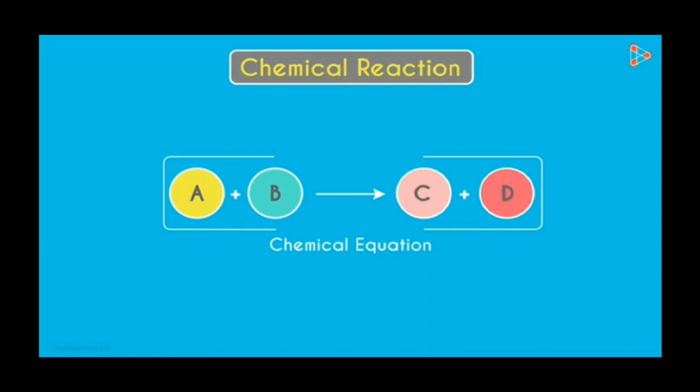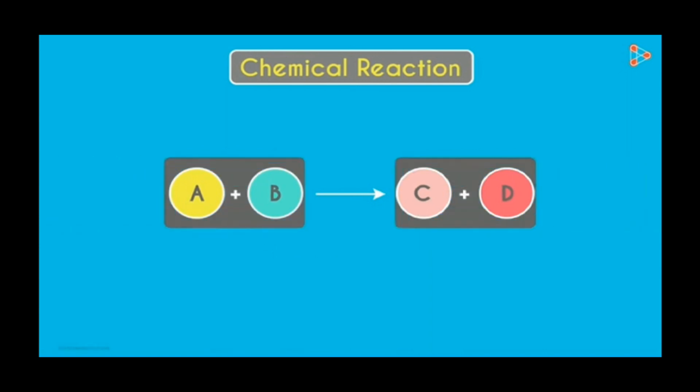Now, the definition of a chemical equation. The representation of a chemical reaction using symbols and formulae of substances is called a chemical equation. There are two sides in a chemical equation, left and right.